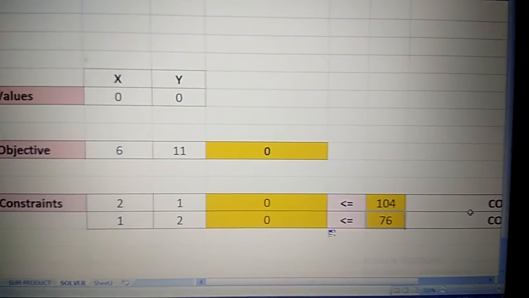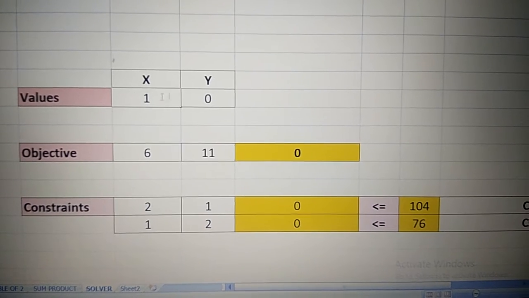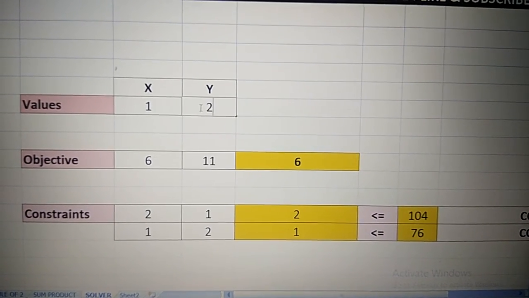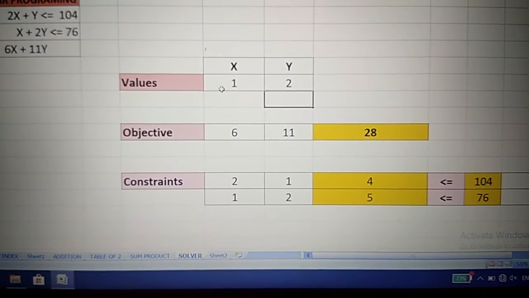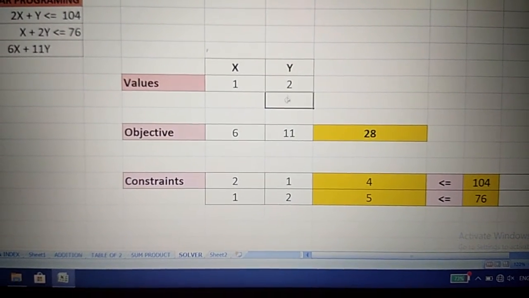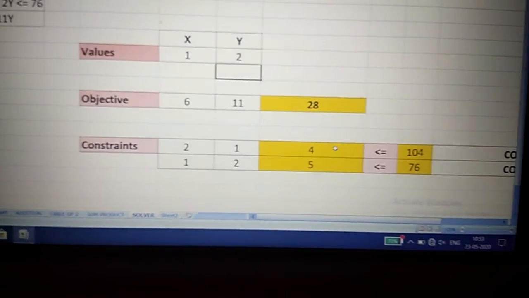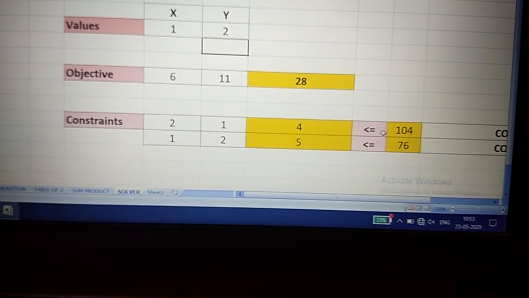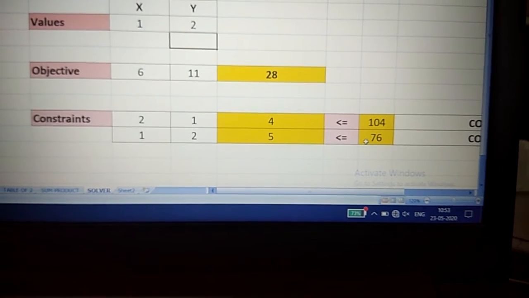What is the idea? See the idea. If I put over here 1, and let's put here 2, what happened? 6 times 1 is 6, 11 times 2 is 22, and 6 plus 22 makes 28. Perfectly okay. But see what is here: 4 is less than 104, yes, that's correct. 5 is less than 76, that's also correct.